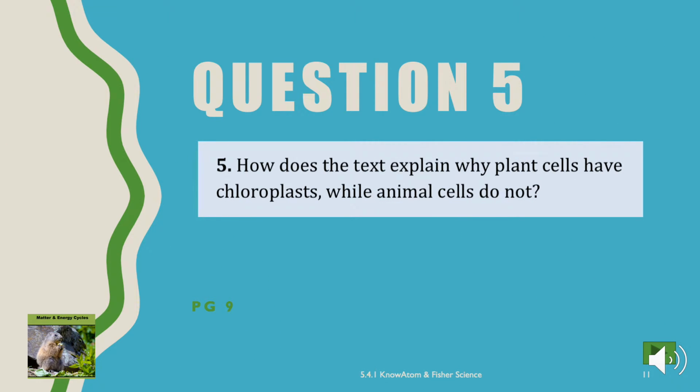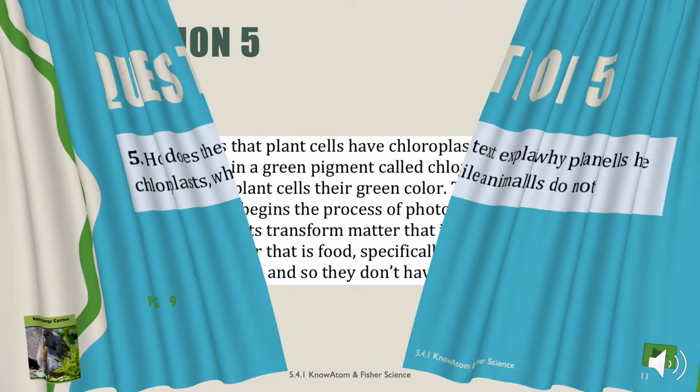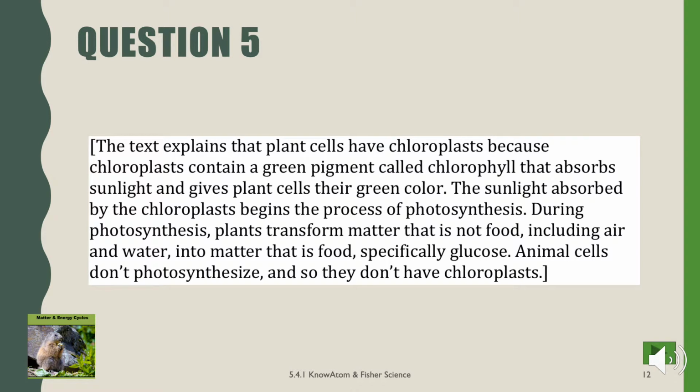Question 5. How does the text explain why plant cells have chloroplasts, while animal cells do not? So the text explains that plant cells have chloroplasts because chloroplasts contain a green pigment called chlorophyll that absorbs sunlight and gives plant cells their green color. The sunlight absorbed by the chloroplasts begins the process of photosynthesis.